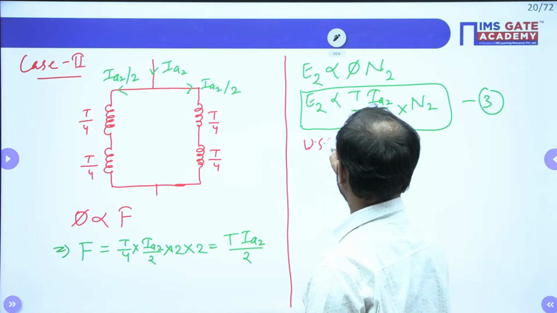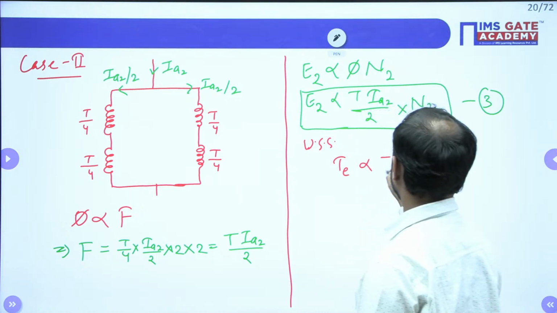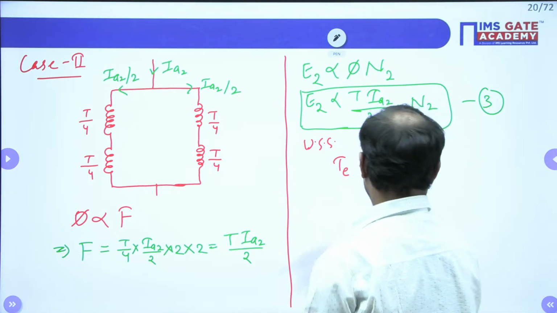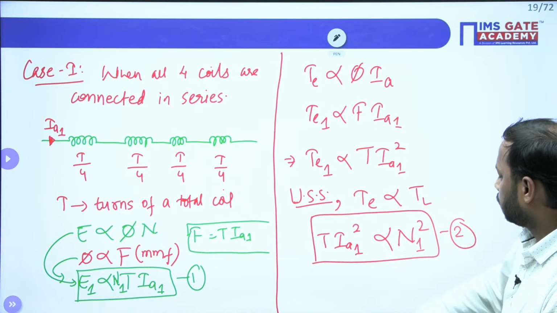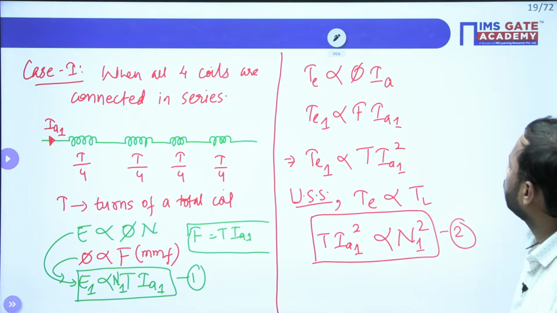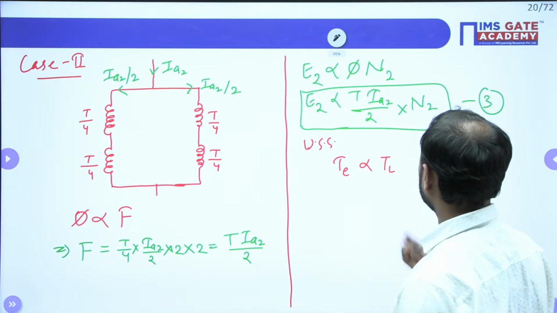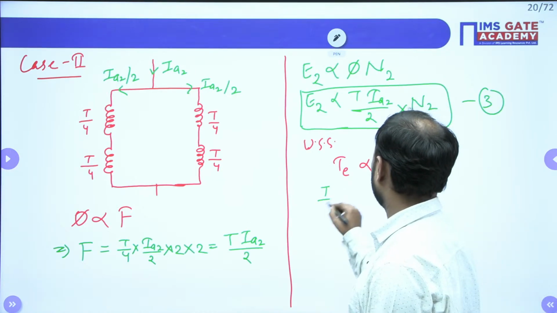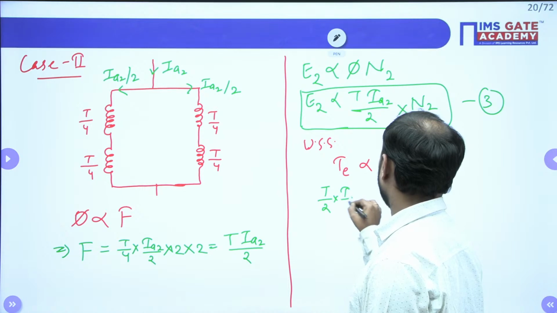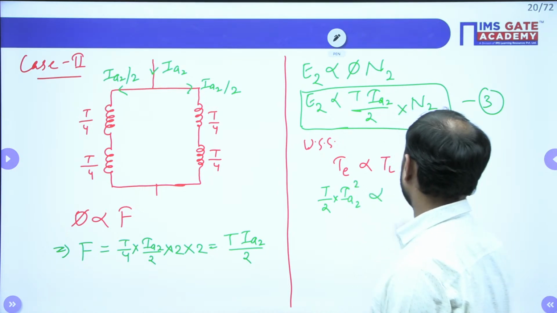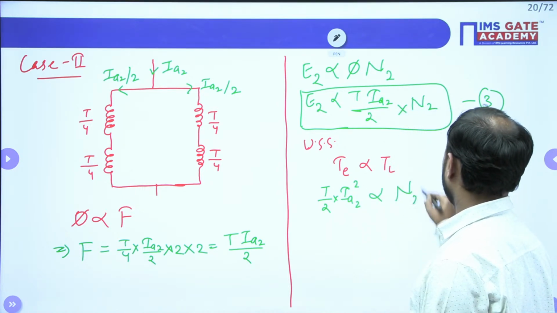And again, electromagnetic torque is proportional to load torque under steady state. So let me write it directly. What we have here, mmf is T by 2 Ia2 square, T by 2 into Ia2 square. This is proportional to N2 square, isn't it?